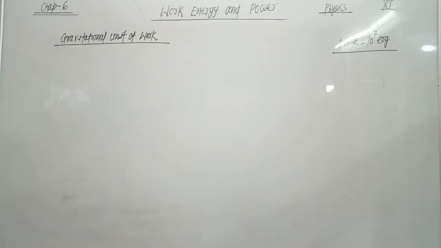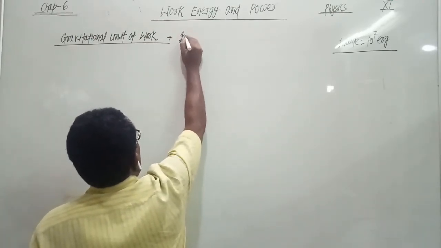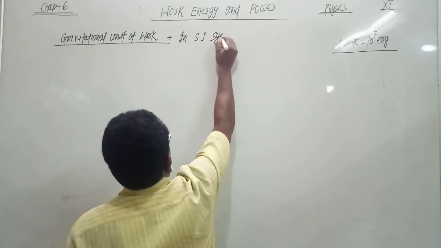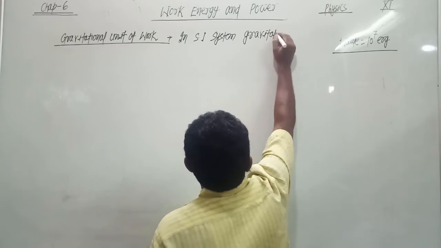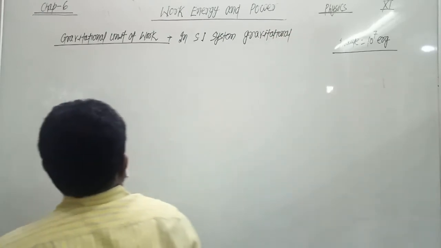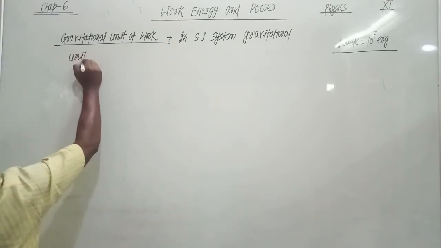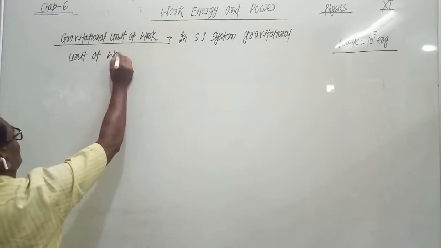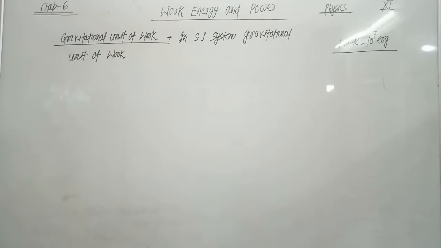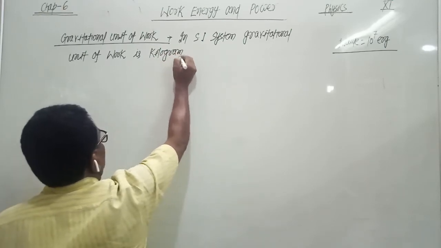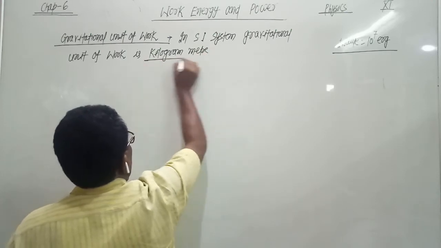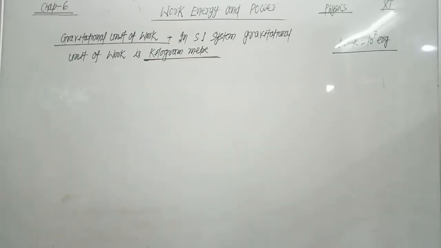In the SI system, the gravitational unit of work is kilogram meter.